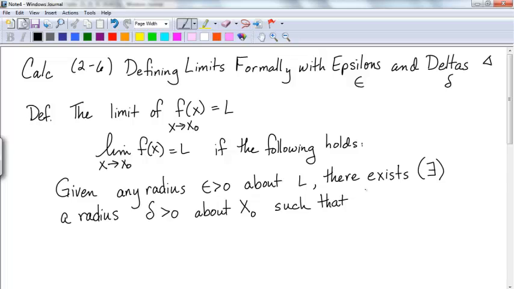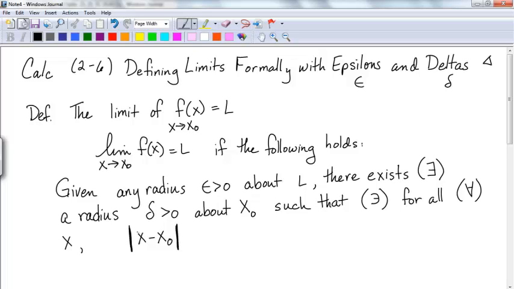such that, okay, in upper level math, they're going to use this symbol, the backwards epsilon, for such that, for all, and for all, they're going to use the upside down A, for all x's. And the absolute value of x minus x sub 0.